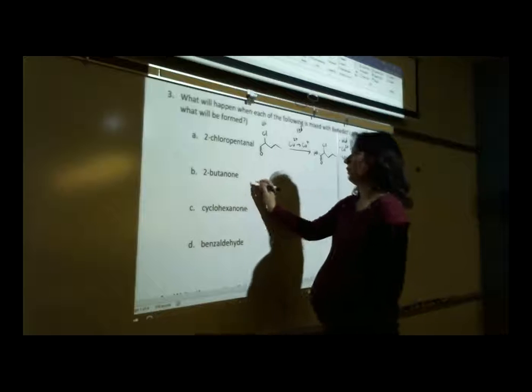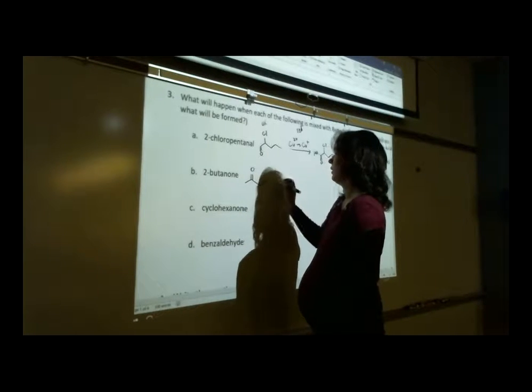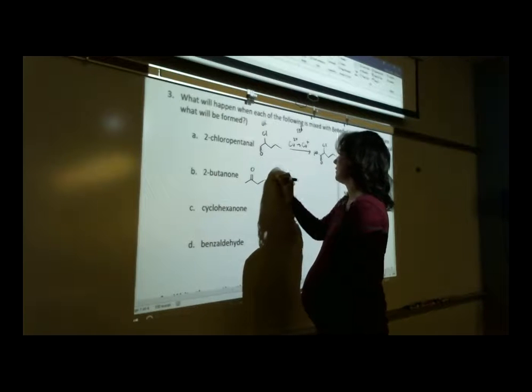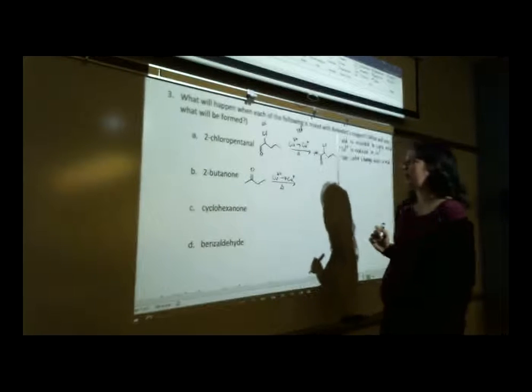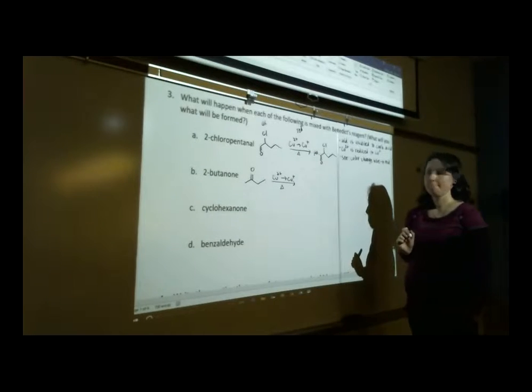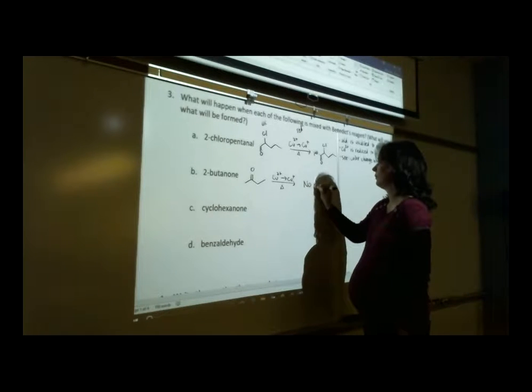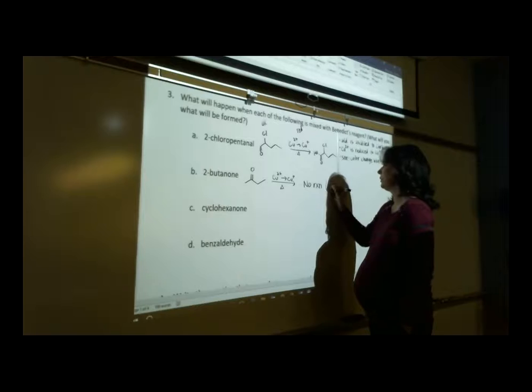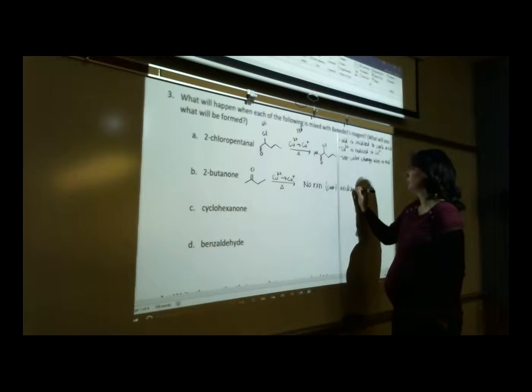All right, 2-butanone. 1, 2, 3, 4, butanone. We try to combine this. This requires speed as well. What are we going to get? It oxidizes. Can you oxidize a ketone? No. Nope, no reaction. Right? You can't oxidize a ketone.